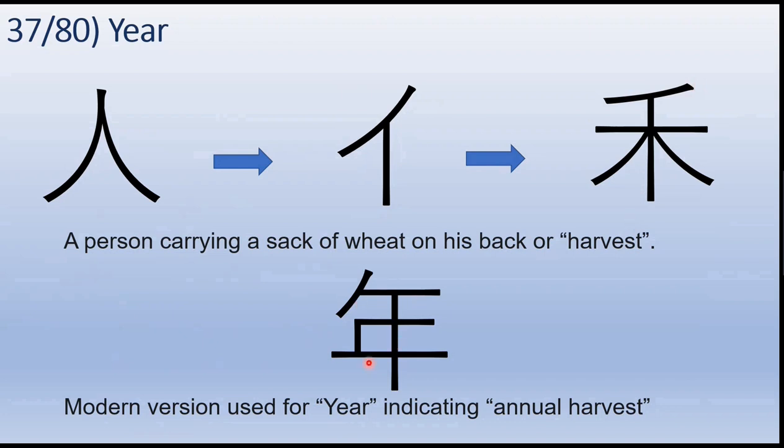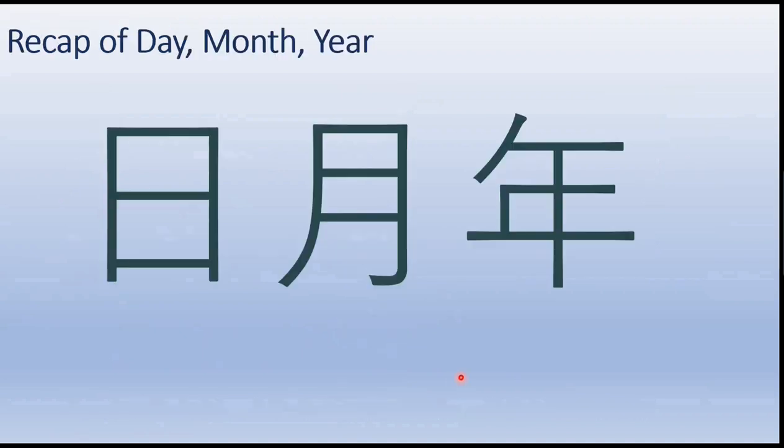And this is the modern version of the year kanji, which is derived from this. The modern version used for year indicates the annual harvest. So this is a modern representation of this harvest kanji. And since harvesting is done annually, this represents the year.